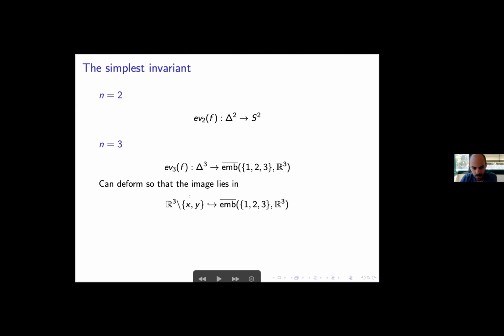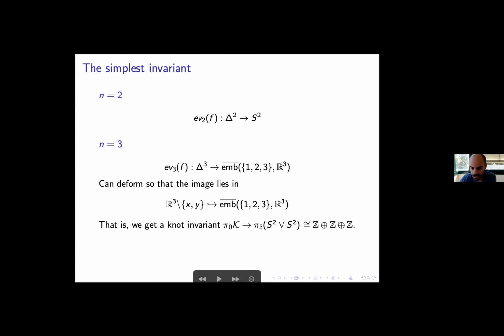So essentially you get a map from the 3 simplex to this space, this wedge of 2 spheres, and if you look at homotopy classes of these maps, you get an invariant, right? So that's an invariant with values in this third homotopy group of this wedge of 2 spheres, which is very well known classically.